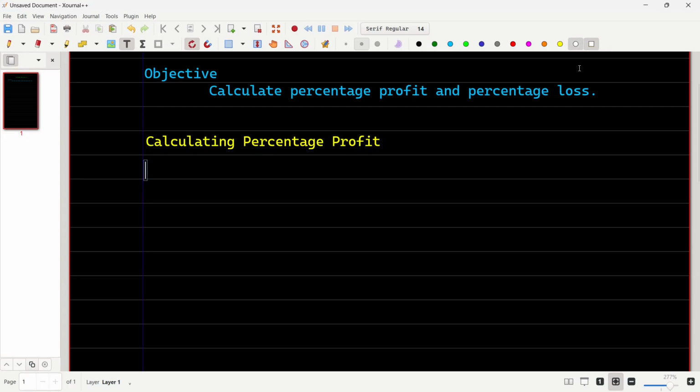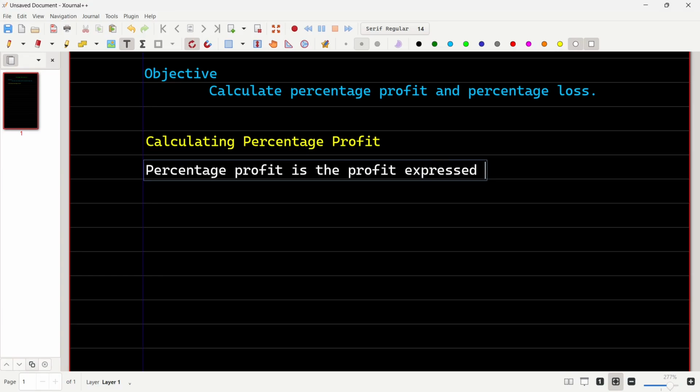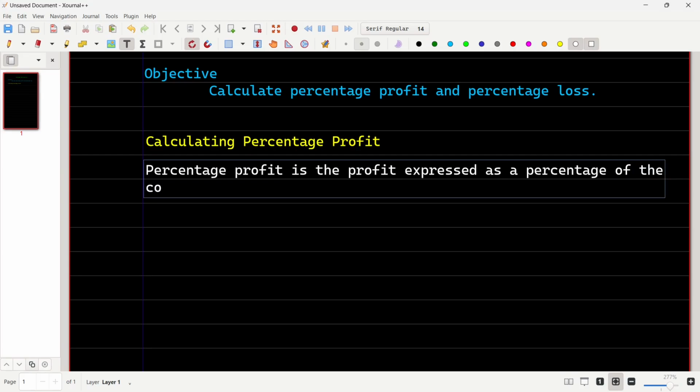So we have percentage profit. Percentage profit is the profit expressed as a percentage of the cost price.